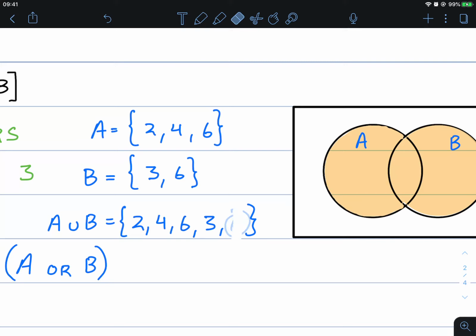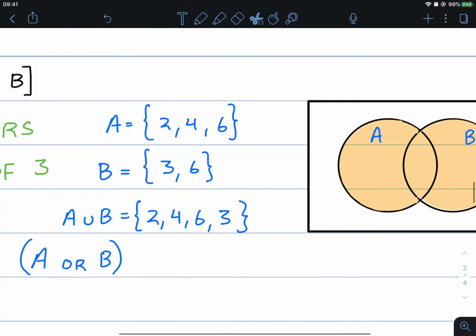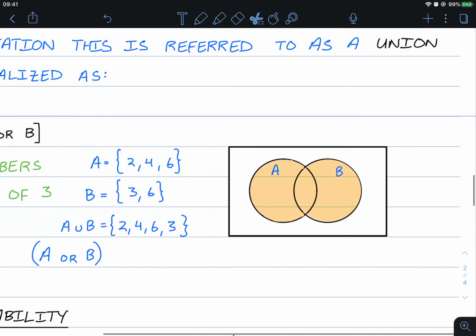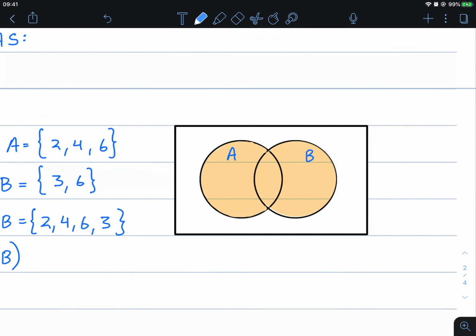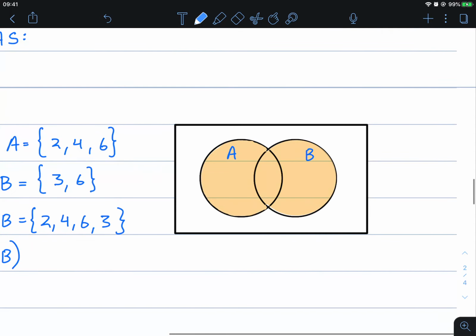So in actual fact, we need to erase one of those 6s. And this here is the union of A and B. As you can see, this is a visualization of it as shown. So it's everything in A and everything in B, even their intersection in the middle.